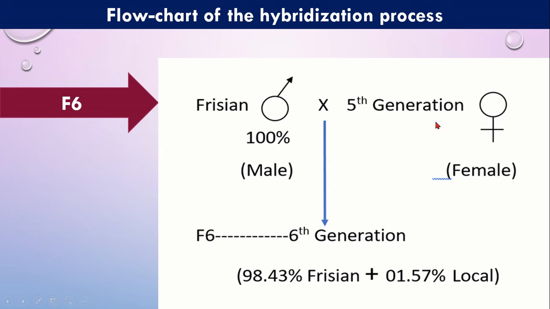If not female, you have to start from the previous one again. So the sixth generation comes out and the local breed characteristic, previously 3.13, is now 50% less, 1.5%, and the Friesian will be the rest, and altogether is 100% characteristics of the new hybrid variety cow.